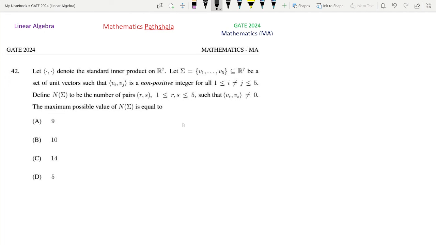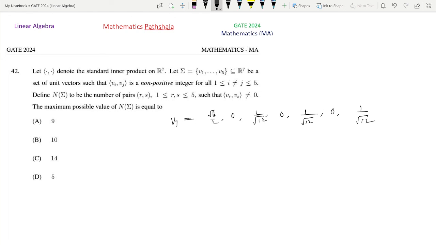So first see how to construct such a subset of R7. Let us take V1 equal to (root 3 by 2, 0, 1 by root 12, 0, 1 by root 12, 0, 1 by root 12).